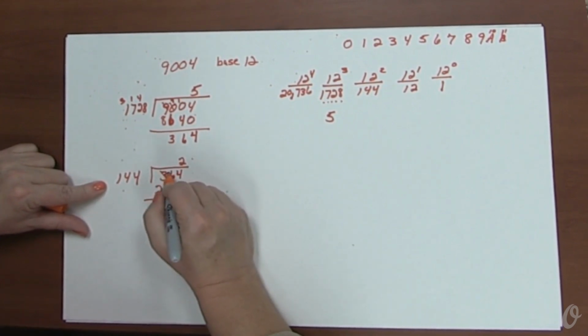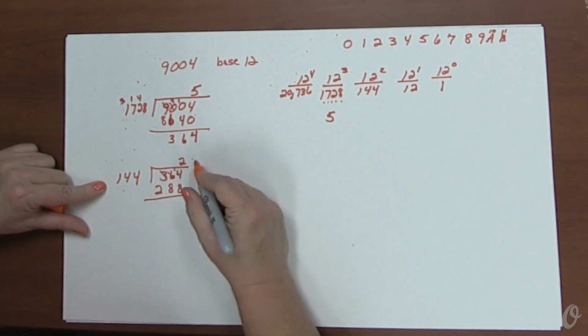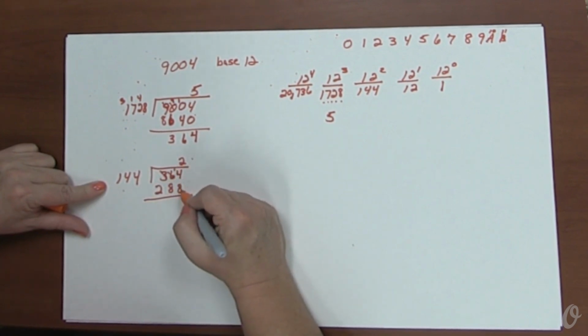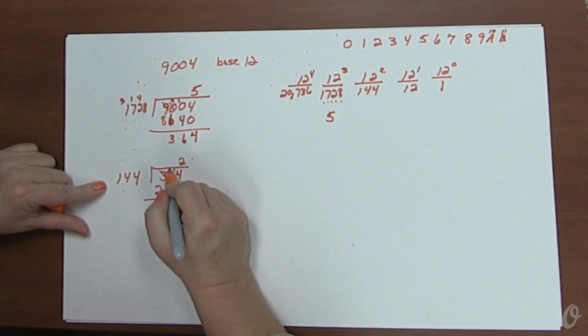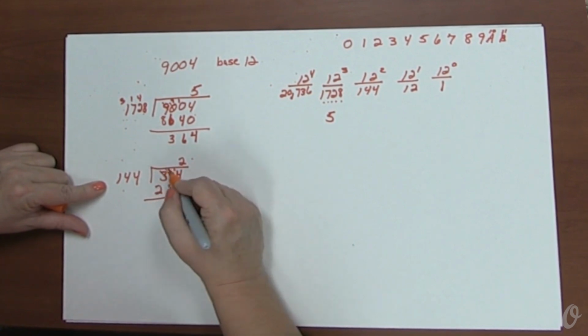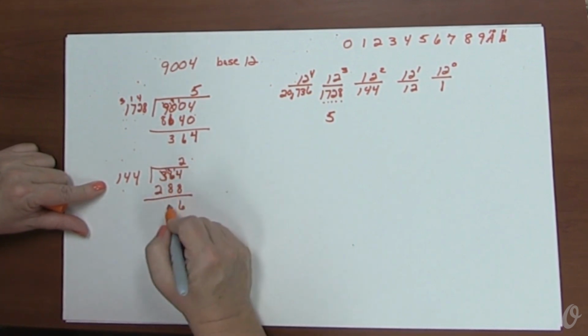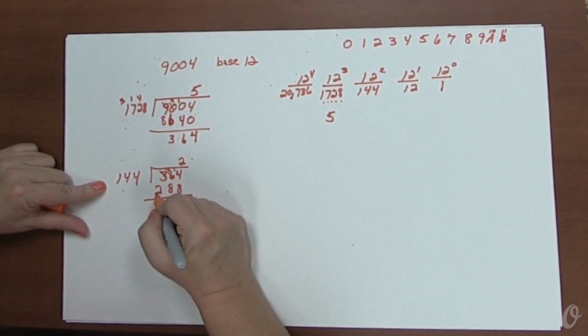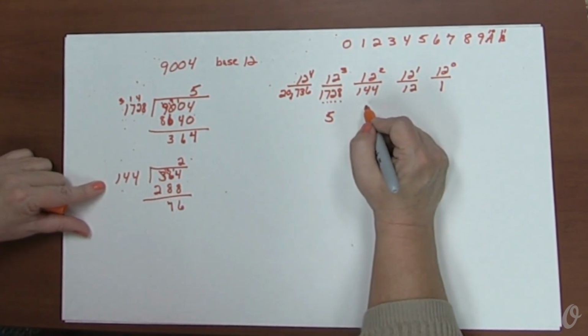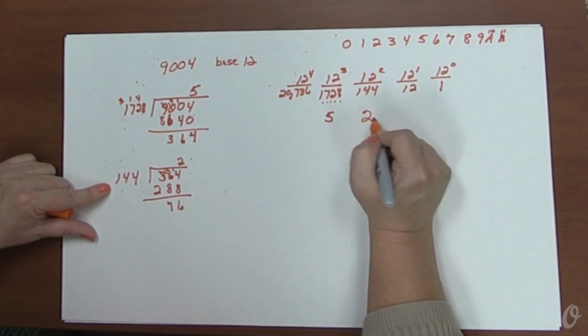Now when I subtract and I borrow, 14 minus 8 is 6. And when I borrow here, I had made it a 5. Borrowing again makes it 15. 15 minus 8 is 7. This makes this a 2, and 2 minus 2 is 0. So of 144, I have 2 groups.